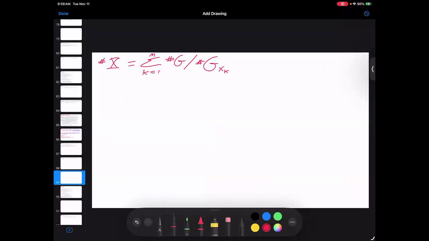And so we get p to the n is equal to a sum, k goes from 1 to m, and it's going to be something of the form p to the n minus rk, where rk is in n minus 1 all the way down to 0.